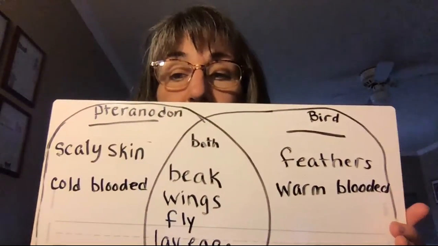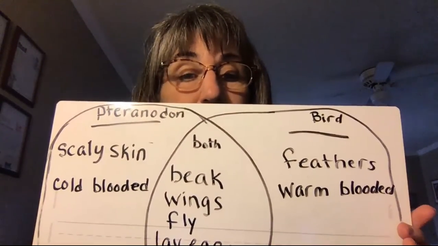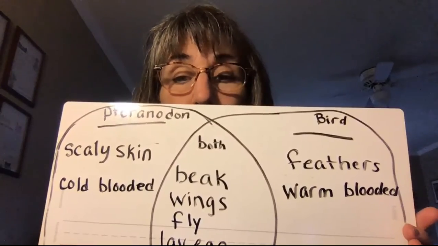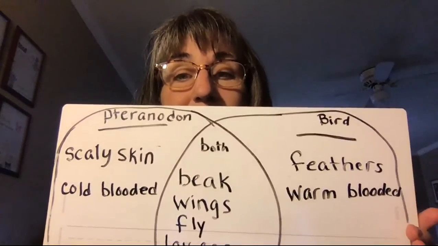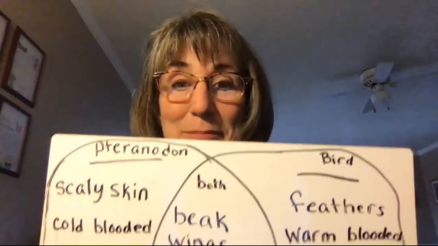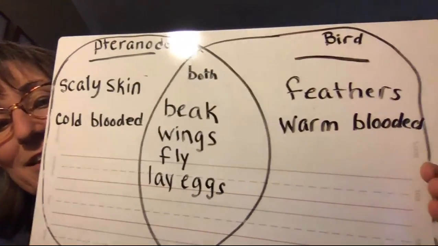And so since the pteranodon is cold-blooded and it has scaly skin, and a bird has feathers and is a warm-blooded animal, we know that the pteranodon is a reptile. It is not a bird. Interesting, huh? Even though they had so many things that were the same, some of the most important things weren't the same. And so we just compared and contrasted the difference, and it helps us better understand what a pteranodon is. That was fun, huh?